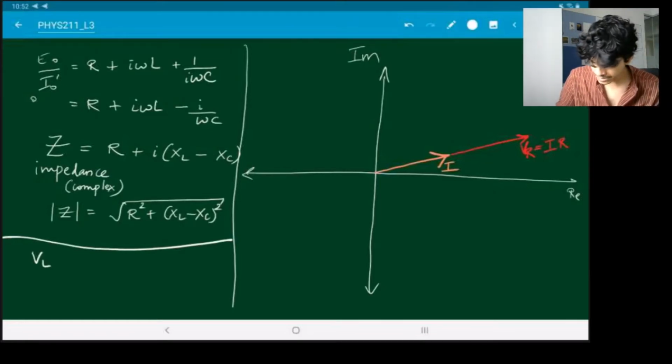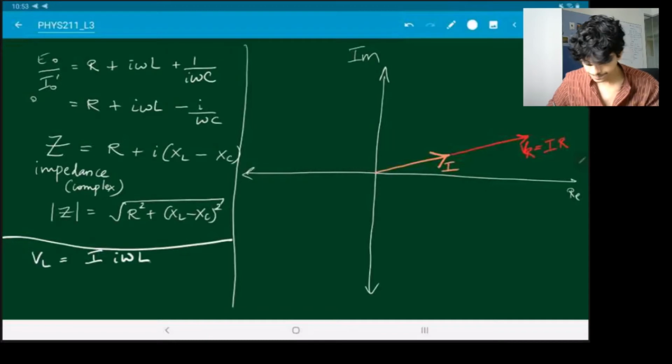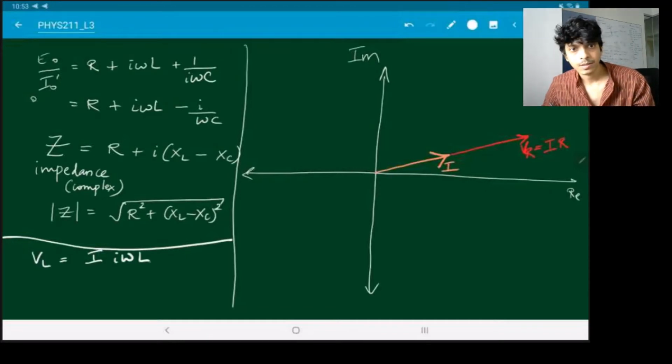So VL is going to be I times I omega L. Now you probably know this, if not you can work it out. If you have a complex number and you multiply it by I, all it does is rotate that complex number anti-clockwise by 90 degrees.